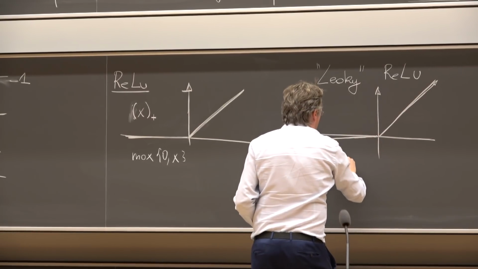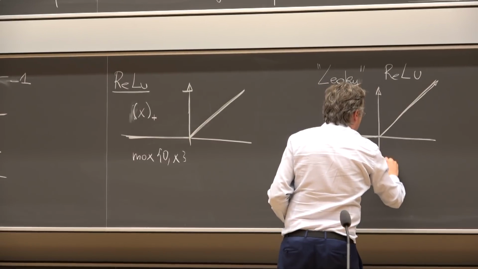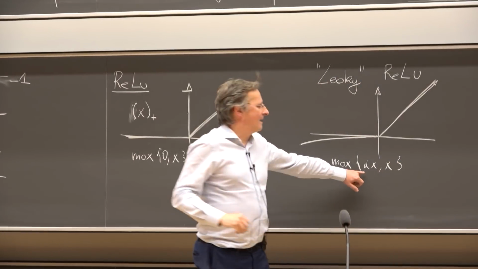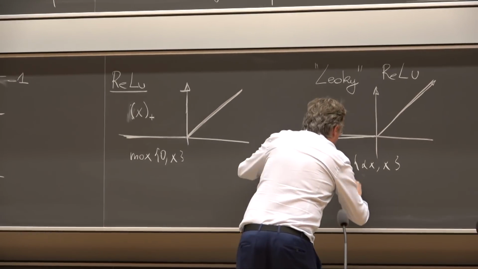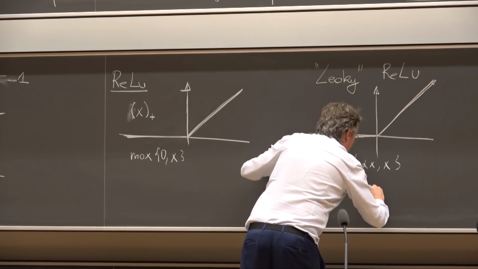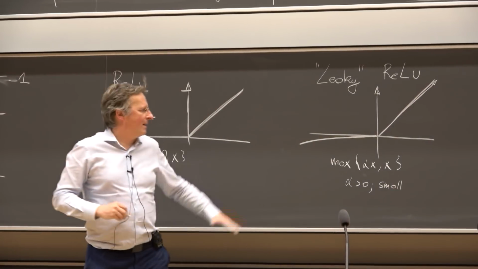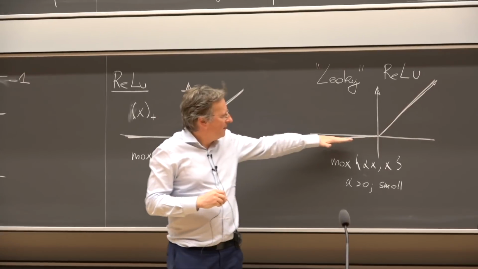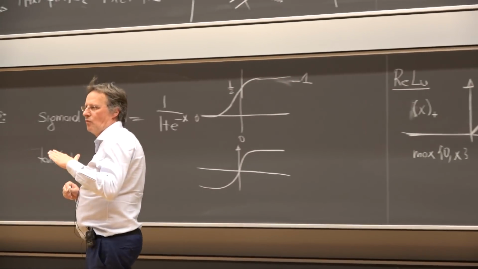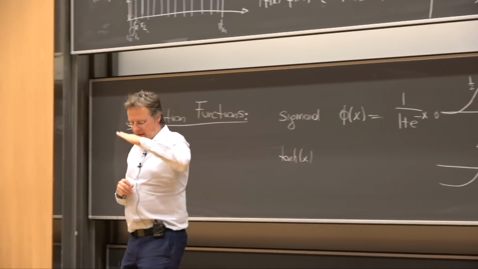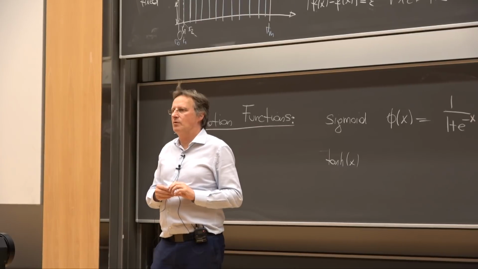So this would be the function max of alpha x and x, and alpha would be some very small positive number. This alpha makes sure that even in the negative part, you don't have a derivative that's 0, but it would be significantly smaller than 1. Okay, so that's another version.